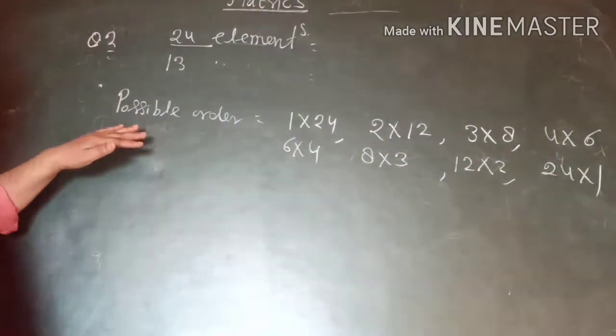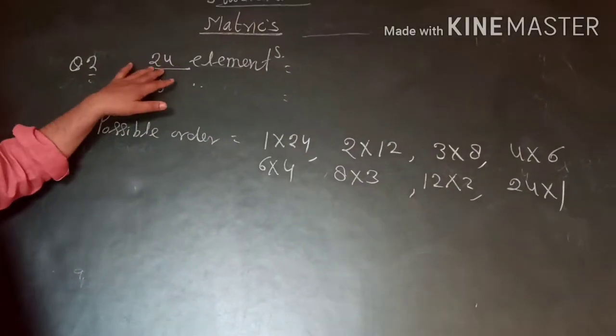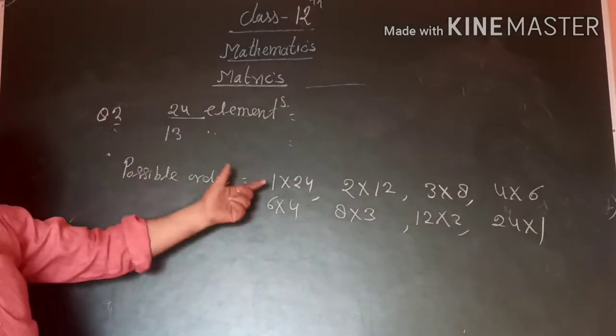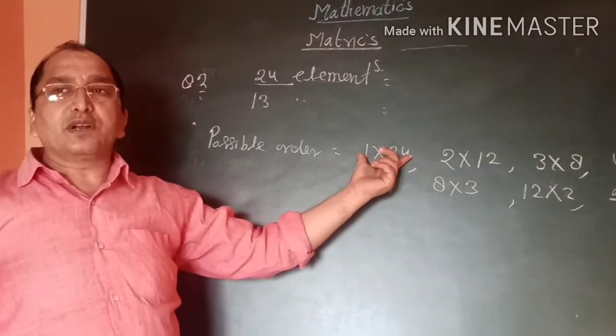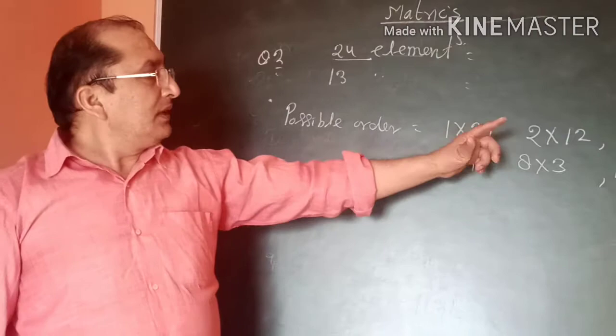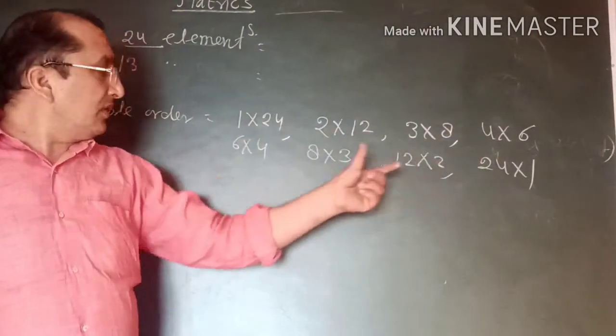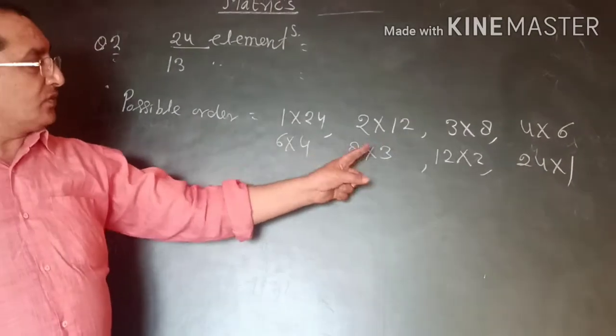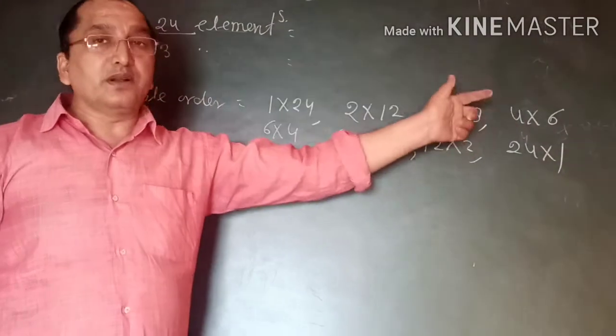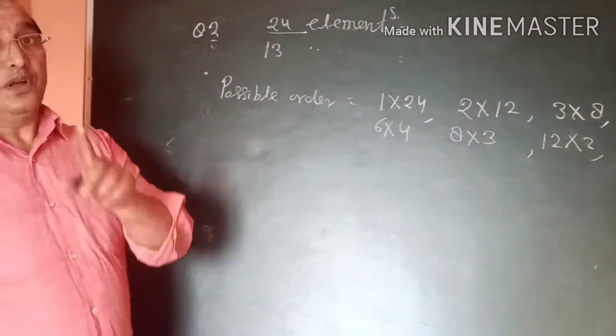These types of orders are possible because 24 elements are there. It means we can construct a matrix having the order 1 row 24 columns, 2 rows 12 columns, 3 rows 8 columns, 4 rows 6 columns, 6 rows 4 columns, 8 rows 3 columns, 12 rows 2 columns, or 24 rows 1 column.